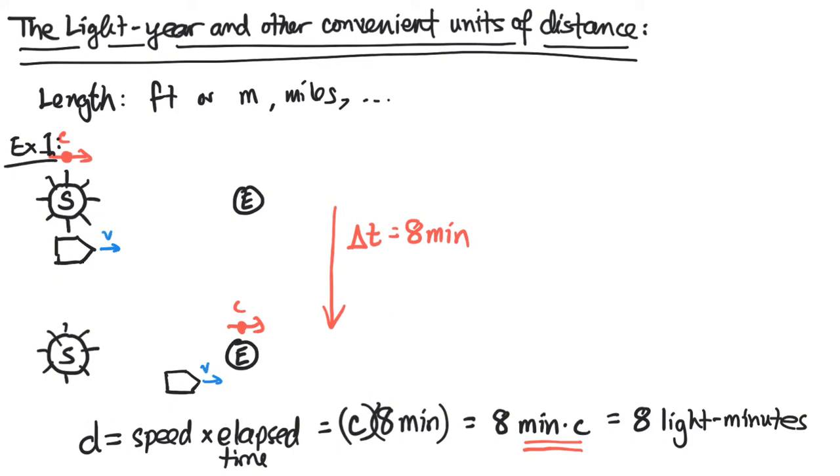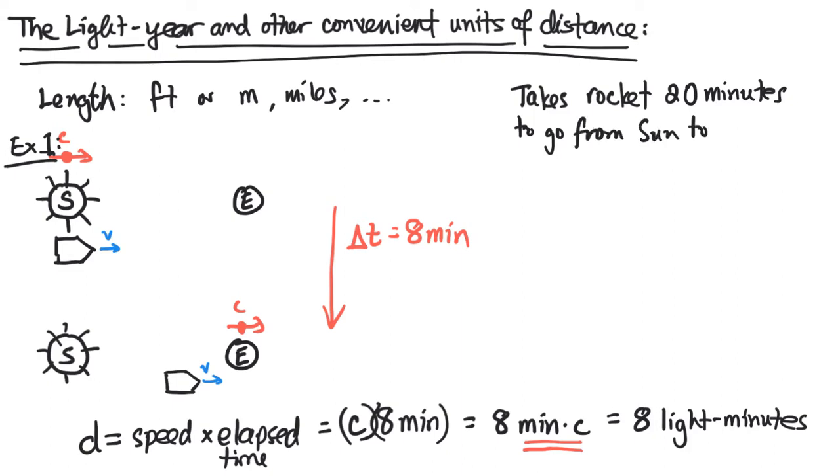Let's say, just for fun, that the rocket eventually does get there, and it takes the rocket 20 minutes to go from the sun to the earth, as measured in the sun's frame.